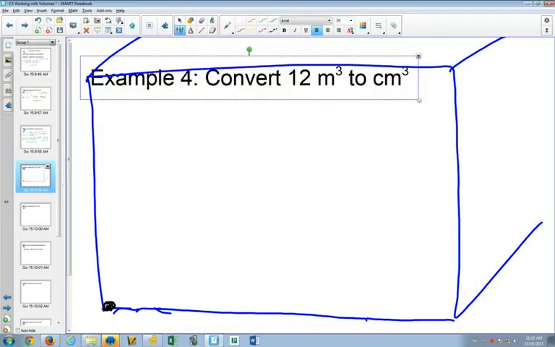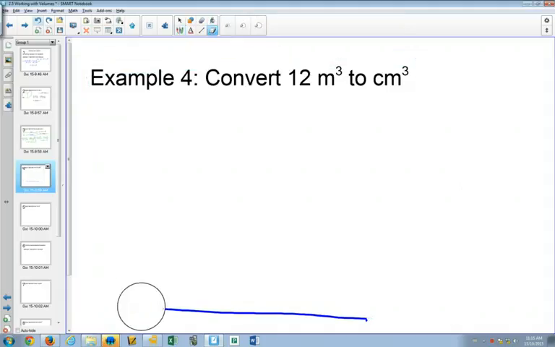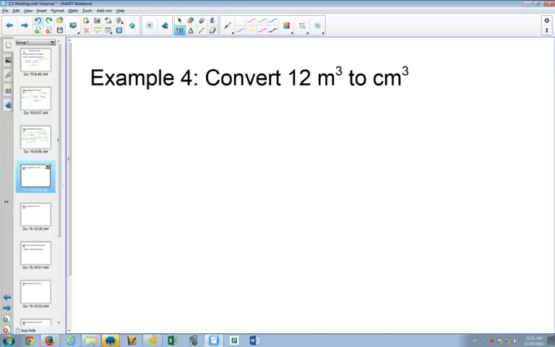If we go to our formula sheet, our formula sheet says, if you're looking at volume, that 1 meter cubed has 1 million centimeters cubed.